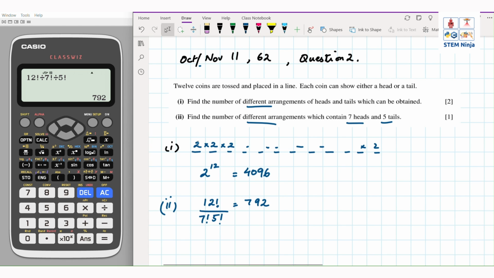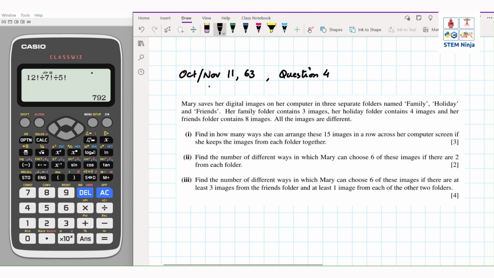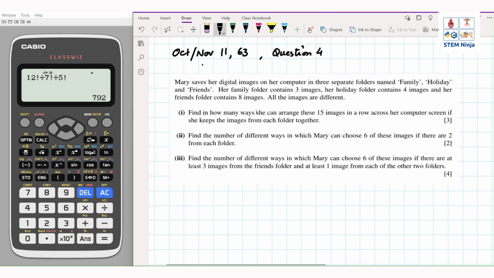All right, so now let's see the 6-3 variant. So Mary saves her digital images on her computer in 3 separate folders: family, holiday, and friends. Her family folder contains 3 images, so let's write it before we forget this.